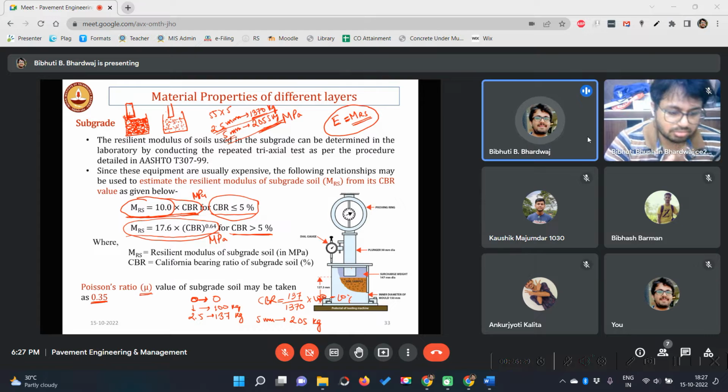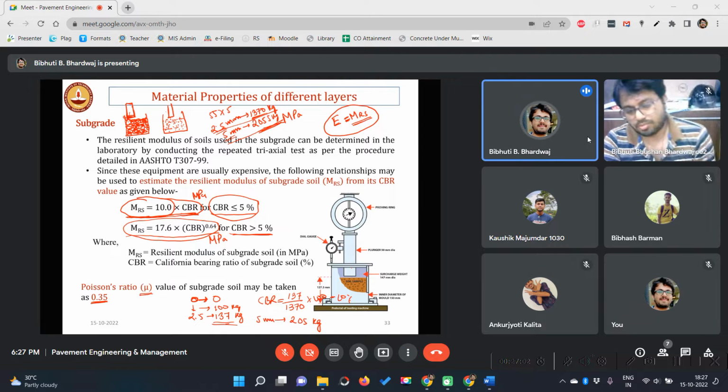Then you submerge the soil under water for 4 days to simulate the worst condition. Then you take it out, apply the plunger, and find out the force. So 10% CBR means that in order to penetrate 2.5 mm, you require around 137 kg.